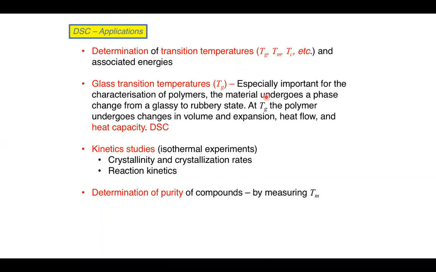This is really quite useful if, for example, your polymer goes through a glass transition during a regular working day. Maybe the glass transition is somewhere around 30 degrees Celsius. During the day, maybe temperatures exceed 30 degrees Celsius, but at night they drop down to about 25 degrees Celsius. So it's passing through its glass transition temperature every single day. Is this going to have some sort of effect on my product lifespan?